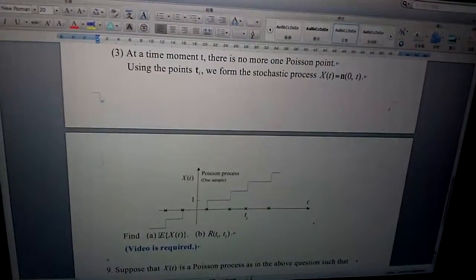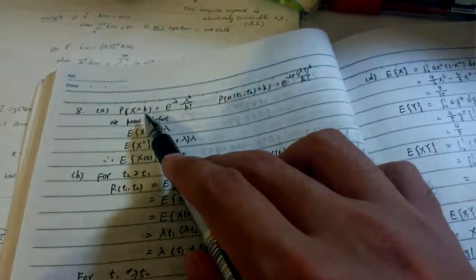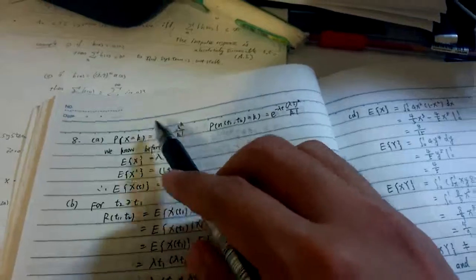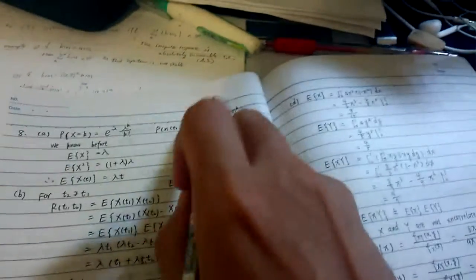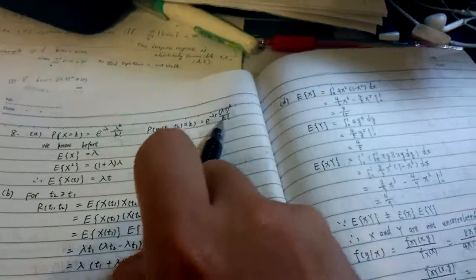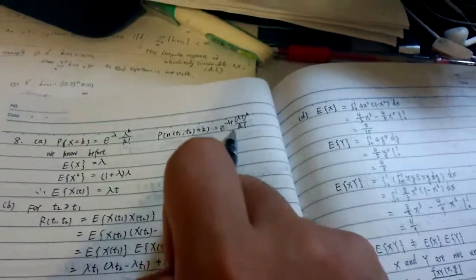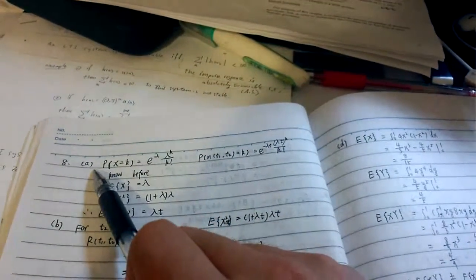We are asked to calculate the mean of X(t), and we know from before that the probability of X equal to k is this part. This is the definition of the Poisson process. We can get this part, N(t1, t2) equal to k is equal to this one.